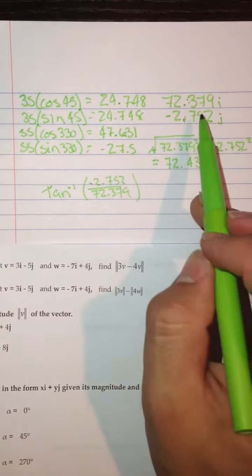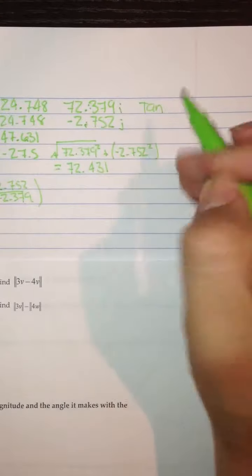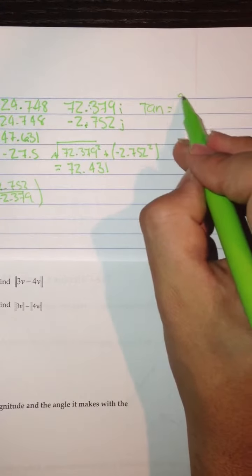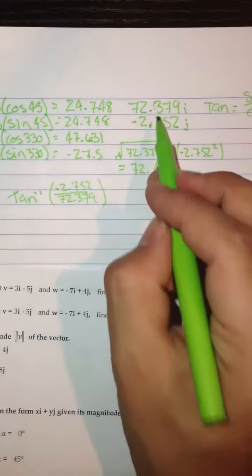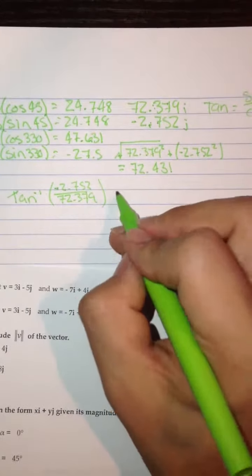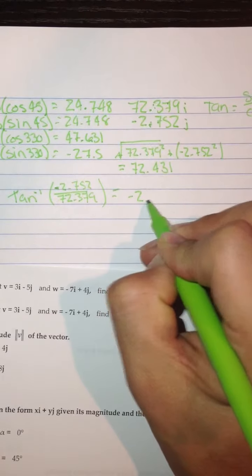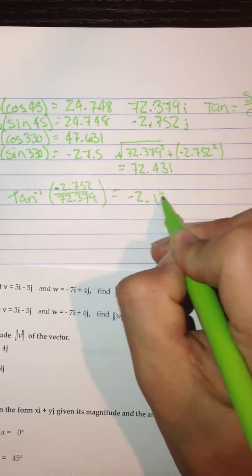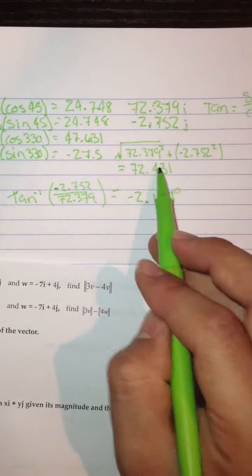How you know which numbers to use is tan is sine over cosine. So this is sine, that's cosine, that's why this one's on top, that one's on bottom. And what you get is negative 2.177. And this is the angle, that's the length.